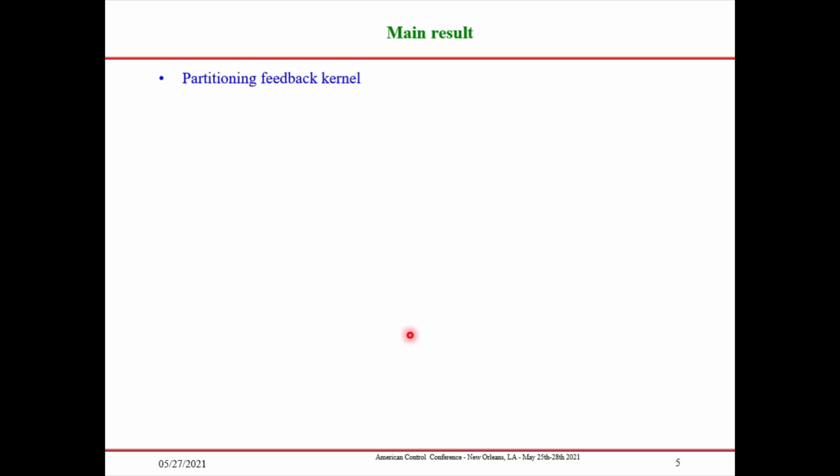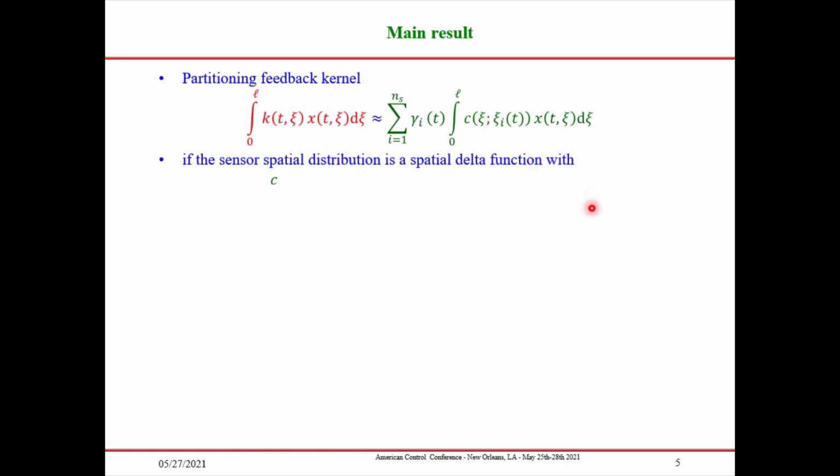Okay. Question is, once you have this feedback kernel at each time t, how do you partition it into these N sub s cells? So if I assume that the spatial distribution of the sensing devices for the 1D case is given by delta functions, then this simplifies to this.